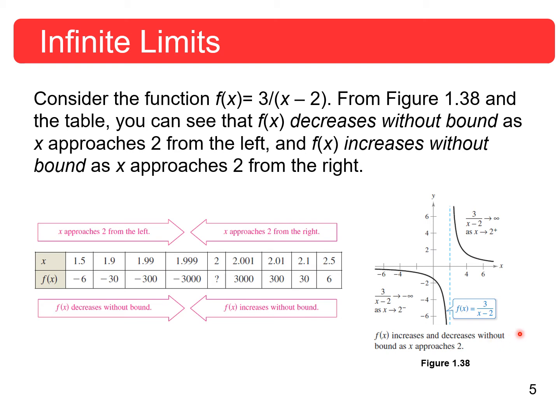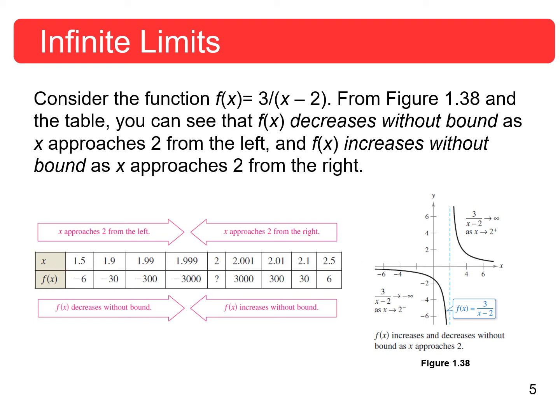This figure here shows the graph of the function f of x equal to 3 over x minus 2, while this table here shows the values of the function as x approaches 2 from the left and from the right.